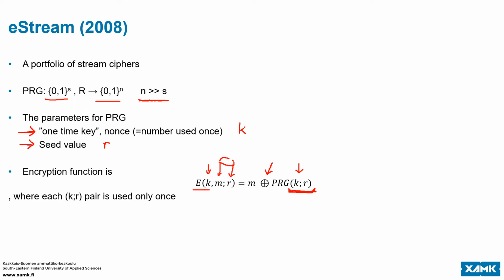So it's actually possible to use the same original key multiple times, and this can be advantageous. The only requirement is that each key and seed value pair is only used once, but we can reuse a key multiple times.